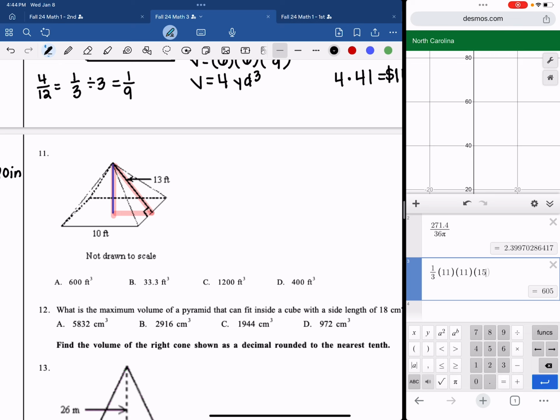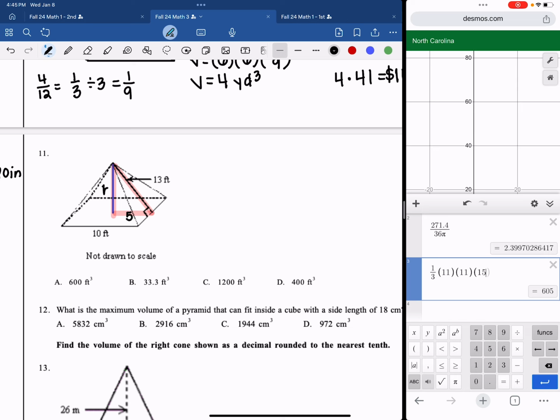Because I have a right triangle, this whole distance here is 10. Well, if I'm going from the center to the outside, we know that this distance has to be 5 because that's half of it.